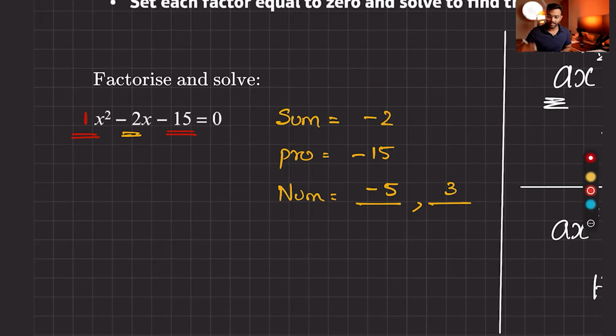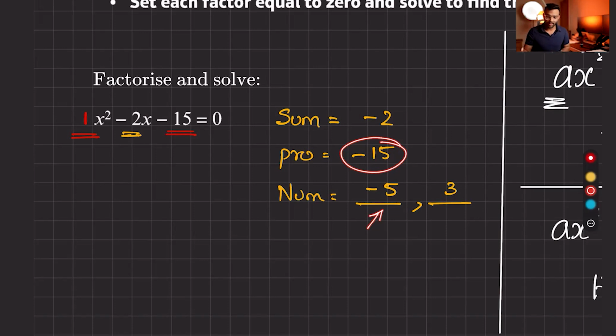Now, if your product is a negative number, any one of the numbers must be negative. Is that clear, guys? Because if you multiply one negative number and one positive number, the answer is always negative. So we know one of our answers must always be negative.